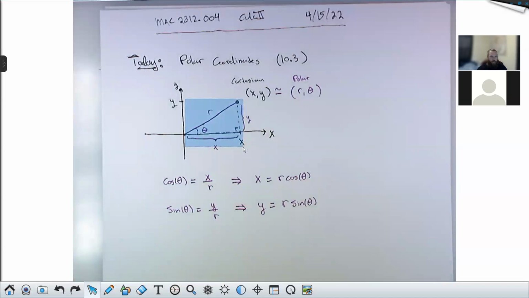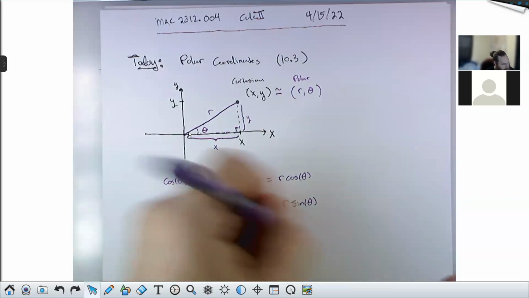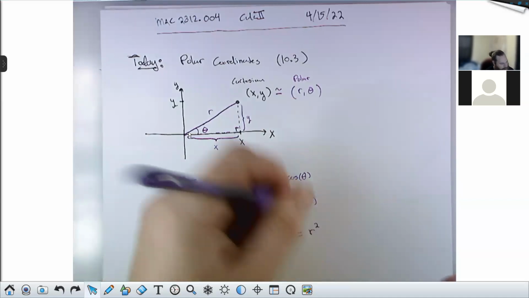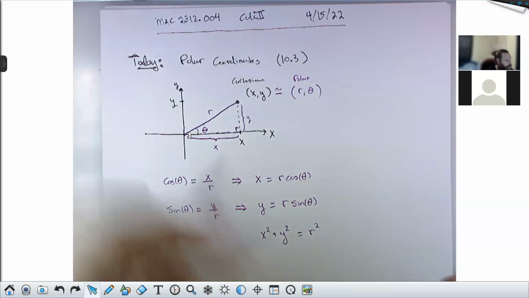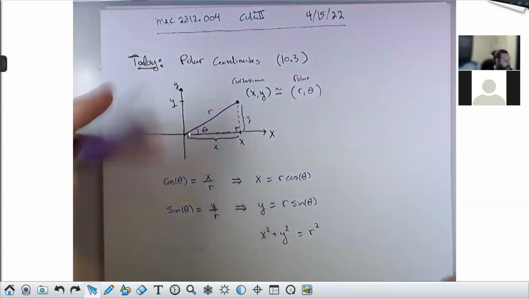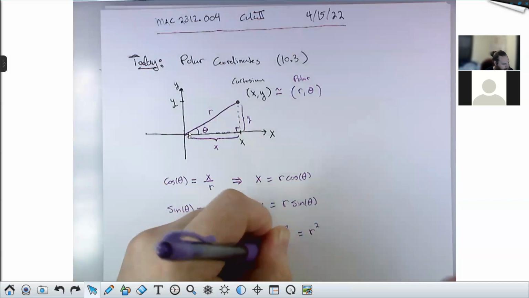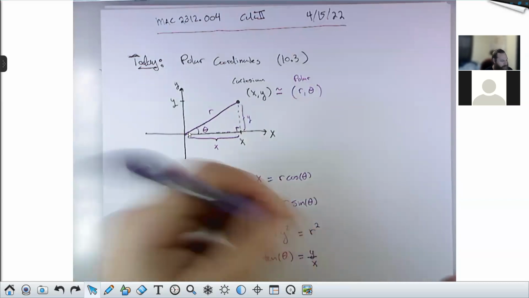Other relations we can deduce from this triangle, because it is a right triangle, it satisfies the Pythagorean theorem: x squared plus y squared equals r squared. And one more relation involving the angle theta is that the tangent of theta would be the opposite over the adjacent. The tangent of theta must be equal to y over x.